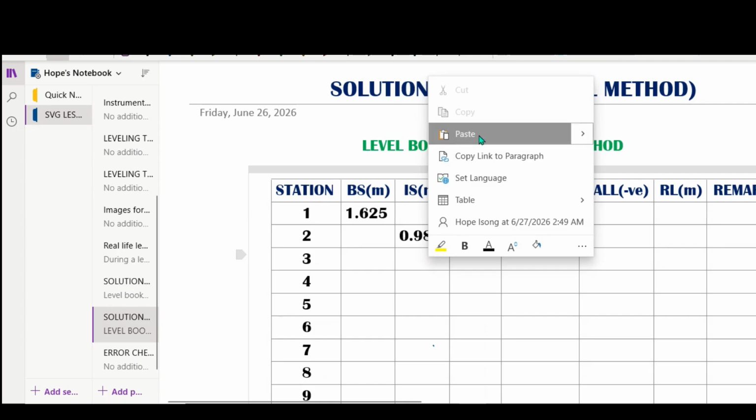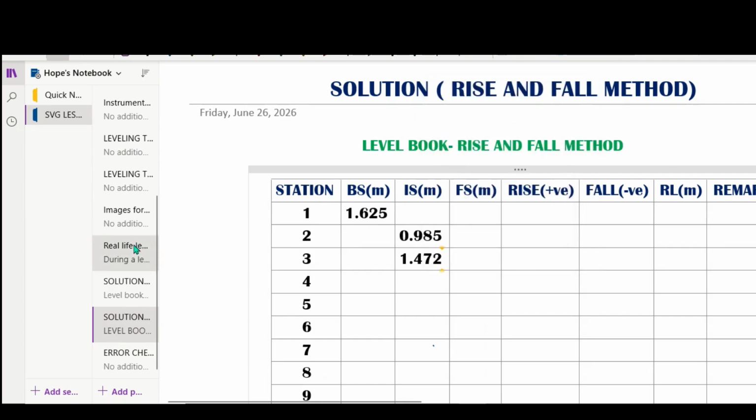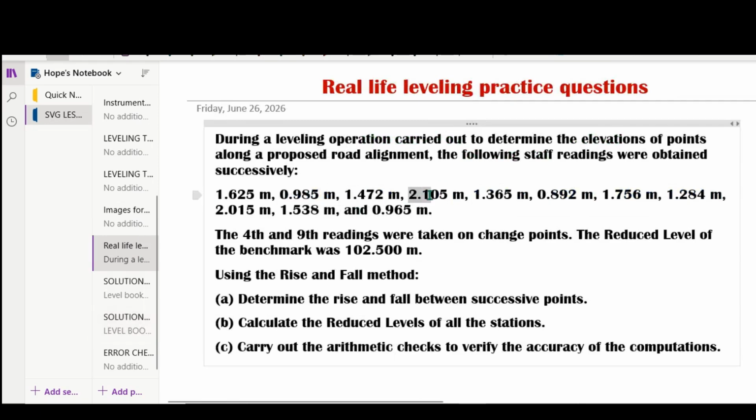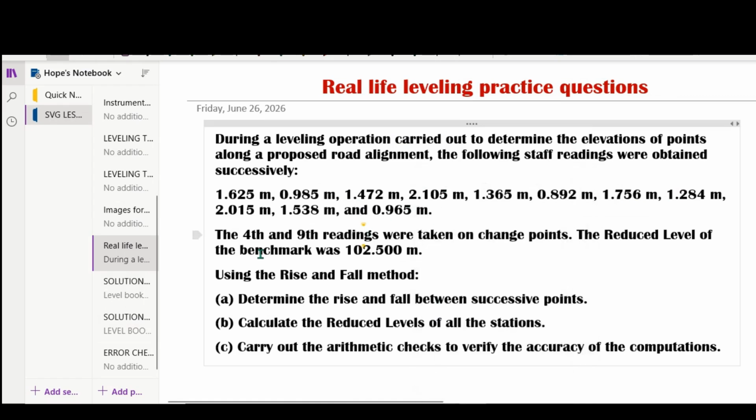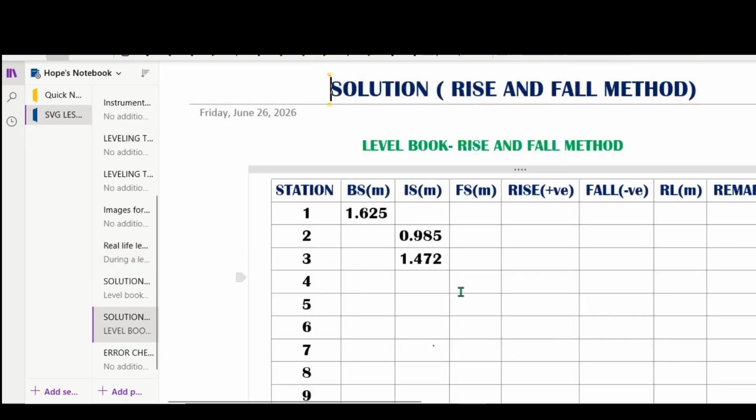The next one also is going to be intermediate. But they said the fourth reading was taken on the change point. So this is the fourth reading, that means 1, 2, 3, and 4. This is our change point. We call this our foresight reading, since it's our change point. We put it here, foresight reading. Now let's go.